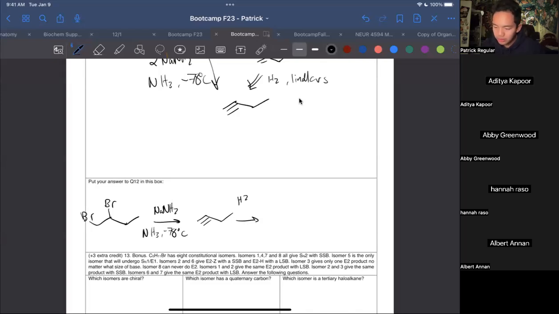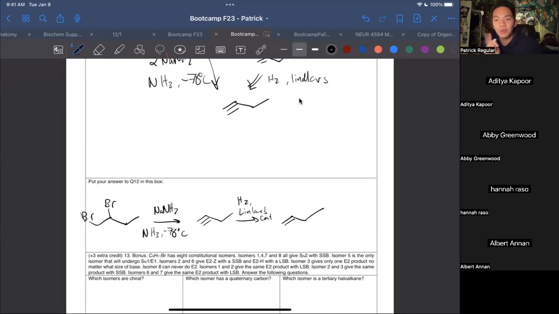H2 Lindlar catalyst, or you can do the sodium ammonia elimination. That's fine. If you use H2 Pd/C, again, as we saw before in one of the general knowledge questions up there, it will reduce everything. So that's not a viable answer.